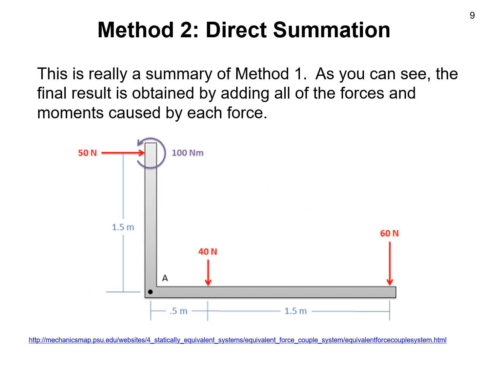This brings us to the second method, which I'll call direct summation, and this is a very similar version to what was done in the video at the mechanics map. It's essentially a summary of the first method.